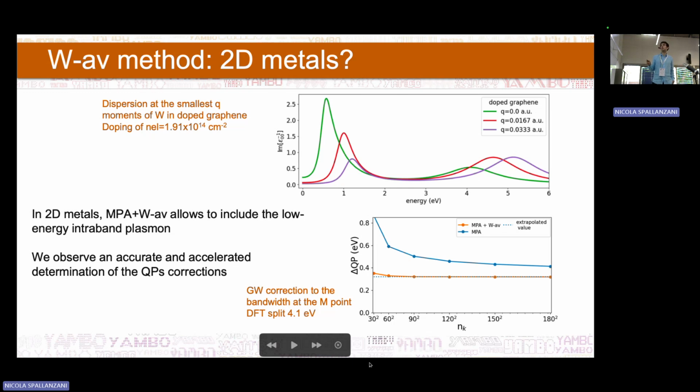So the interband transition has less of a problem with the transfer momentum. The double average method is able to reconstruct both the intraband peak and the interband peak. And even in this case, you see there is an improvement in the convergence. The improvement is not as drastic in this material, graphene, as graphene is a bit of a problematic system to treat.